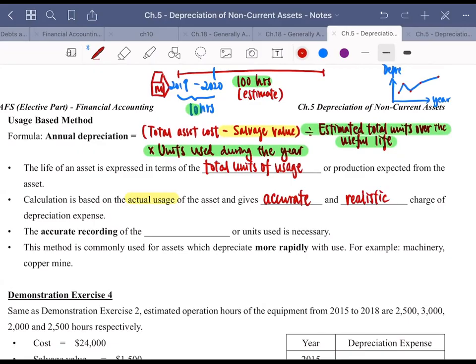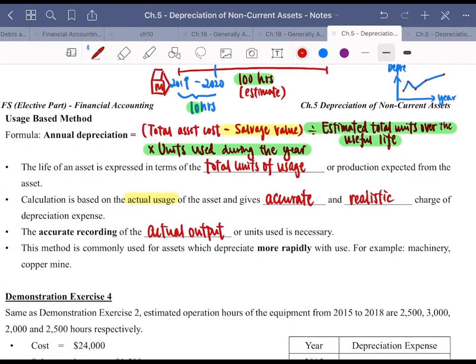And for the third point, we have to accurately record the actual output or units. So you can foresee that this method is very time consuming, because we have to mark down every time: today I've used 2 hours, tomorrow I've used 3 hours, and so on. The marking work, or paperwork, would be very complicated, and it would increase our time cost and labor cost as well, because we need to hire labor to help us mark down this usage.